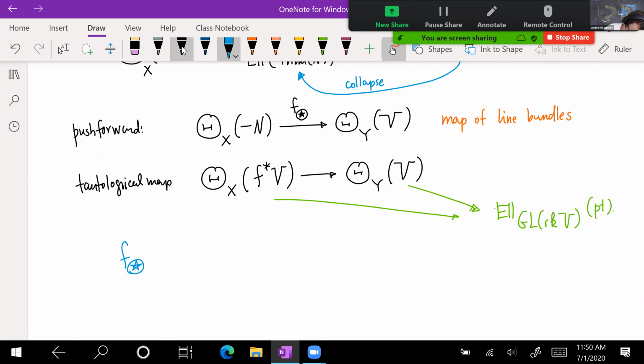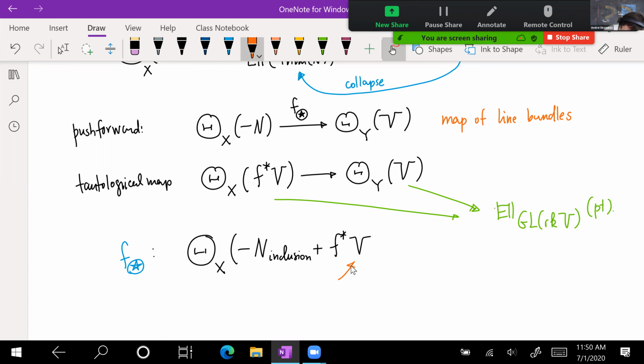And so if we twist it by this line bundle, what we're going to get is that it really goes from the Thom sheaf of minus the normal bundle to the inclusion, plus the pullback of the bundle V. This really corresponds to the projection.